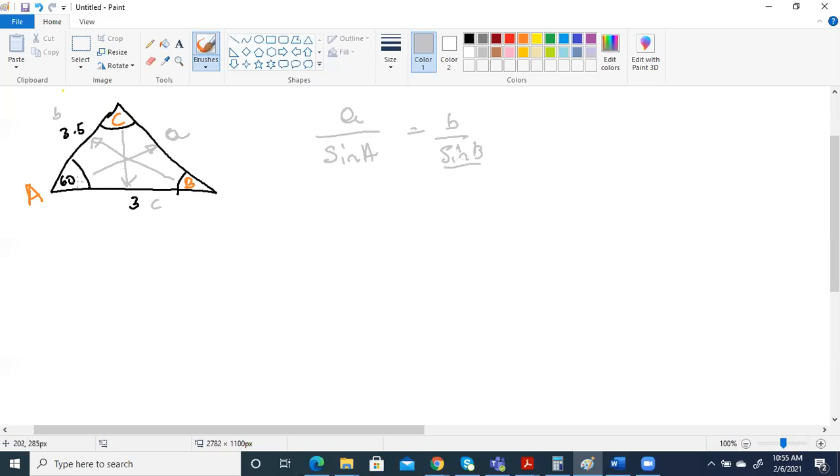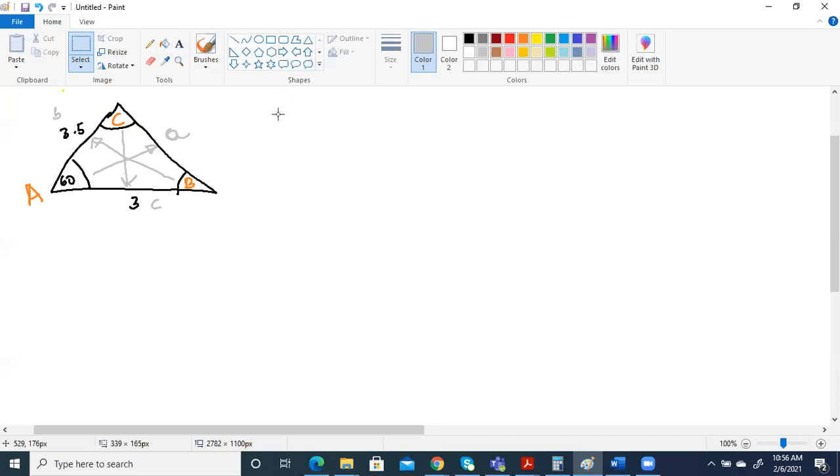And we have angle A, but we don't know side A, so side A would also be an unknown. We can't have a formula with 2 unknowns in it. It will be the same thing if we try using side C and angle C, because one of them is an unknown. So by working through it, we can see that we can't use the sine rule, because we don't have enough information to plug into the formula.